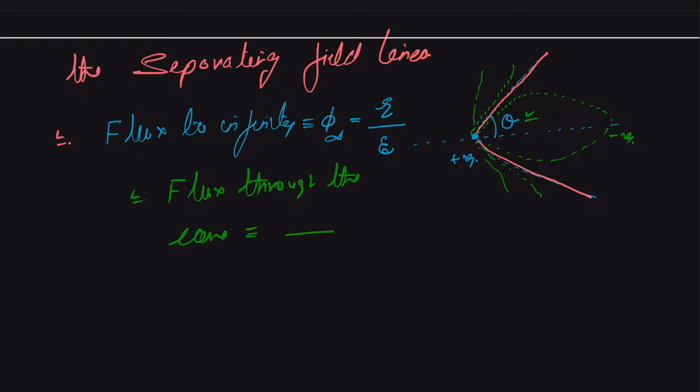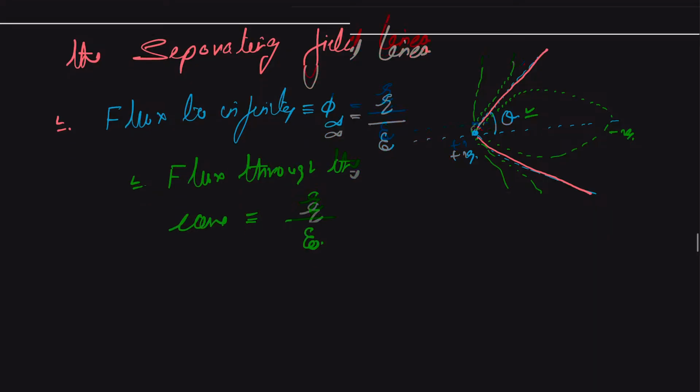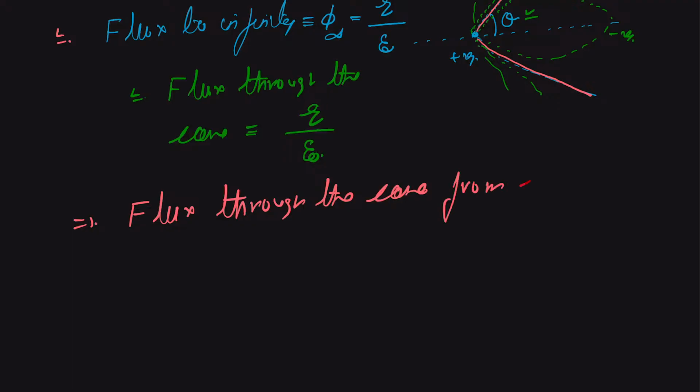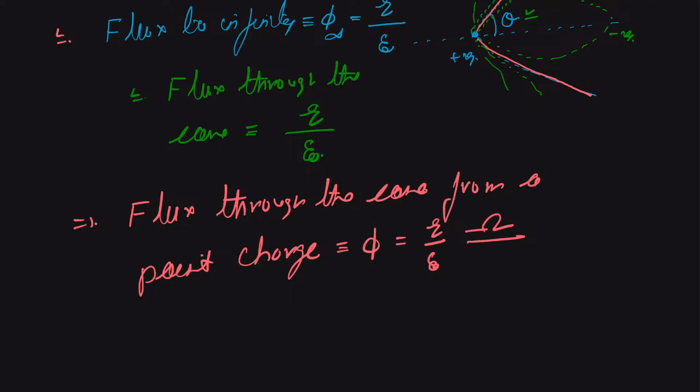We can find it by the solid angle: the flux through the cone from a point charge, let us suppose this is phi, will be equal to q upon epsilon naught times solid angle divided by 4 pi.